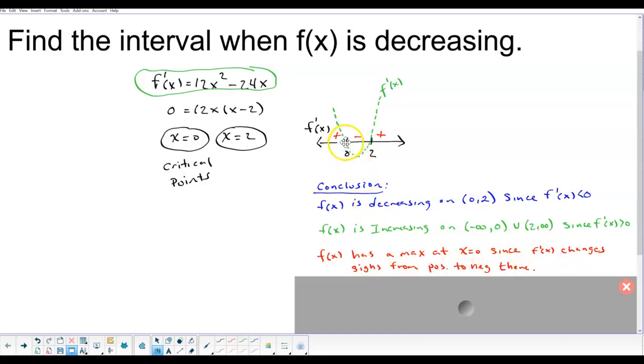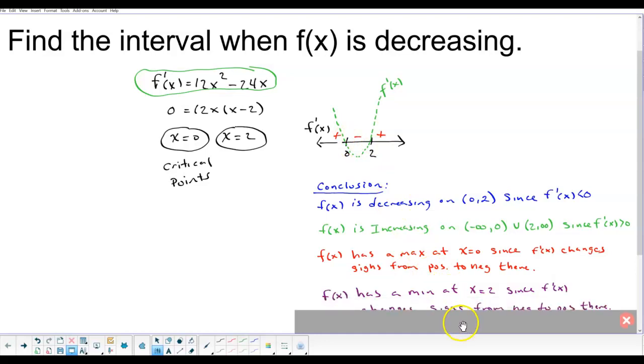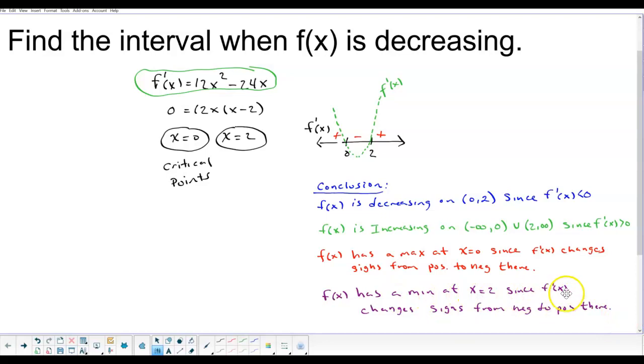So a maximum right here at the critical point of 0, which would make the critical point of 2, where we go from negative to positive, a minimum. So I'd have a minimum at 2 since f prime of x changes signs from negative to positive. So these are 3 other things I could ask you, and the work is all the same.